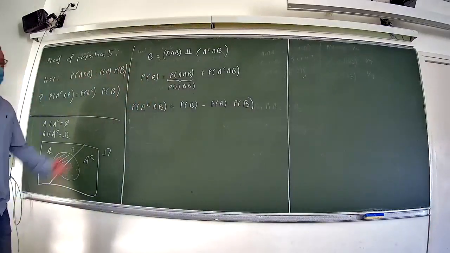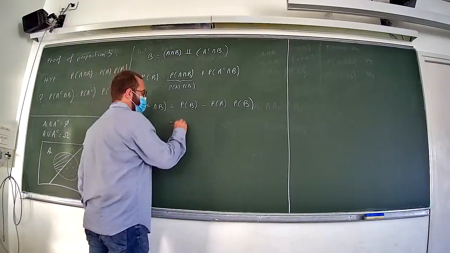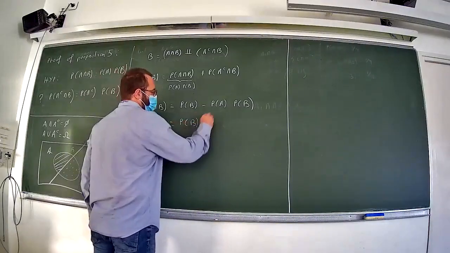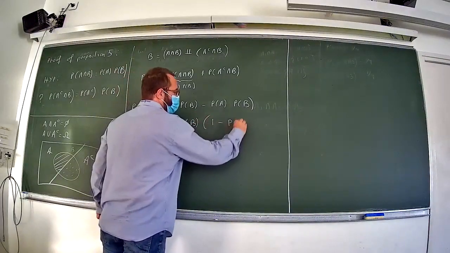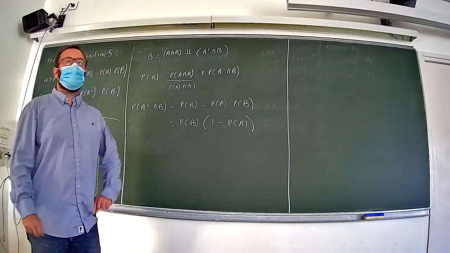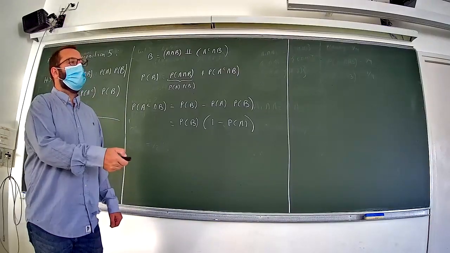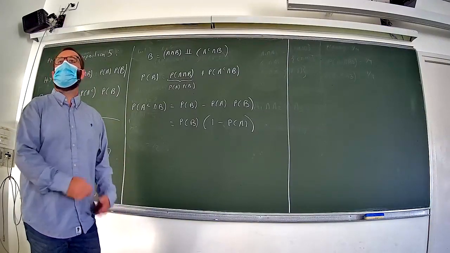And what can I do now? I can put, for example, P of B into factor, and I obtain 1 minus P of A. But what is 1 minus P of A? If I have a look at this here, 1 minus P of A is equal to P of A complementary.